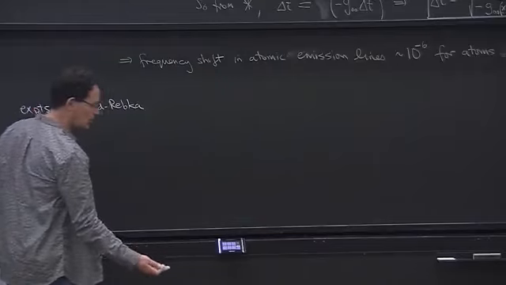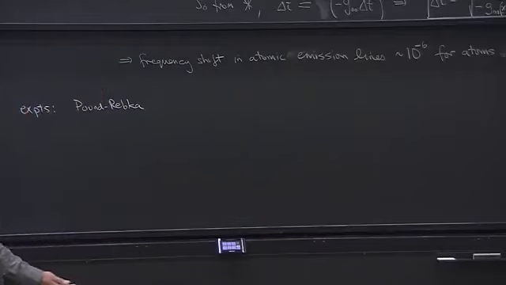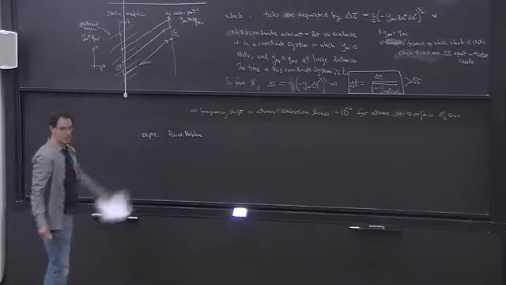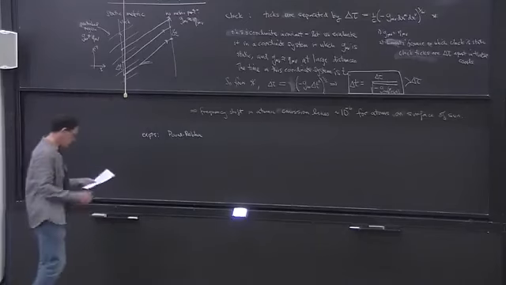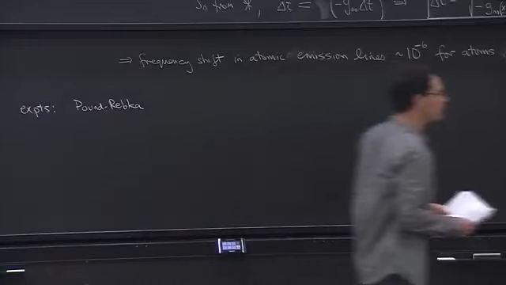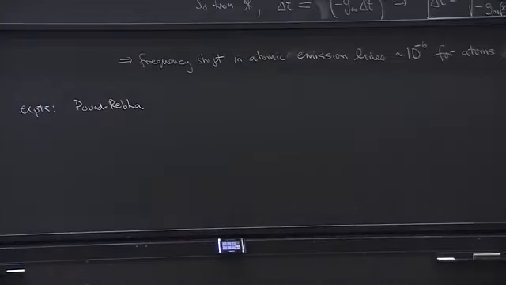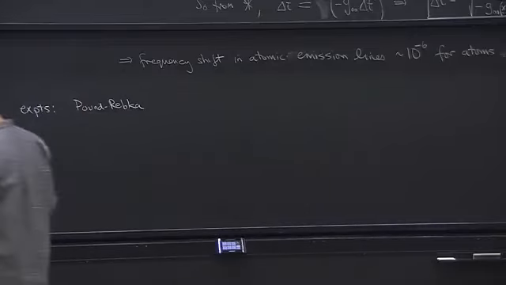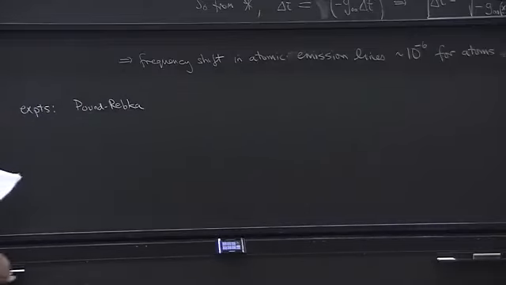So they had a source at the bottom of the building shining up to the top of the building, and it was exactly this situation. And they confirmed the effect. I can't remember how accurately, but I think they confirmed it to about 1%.